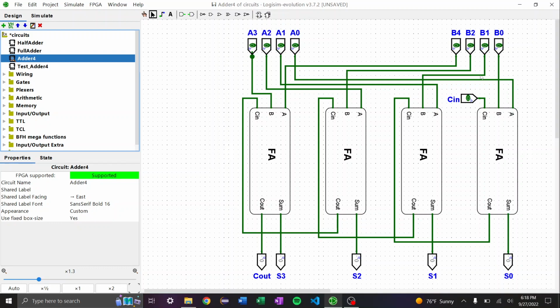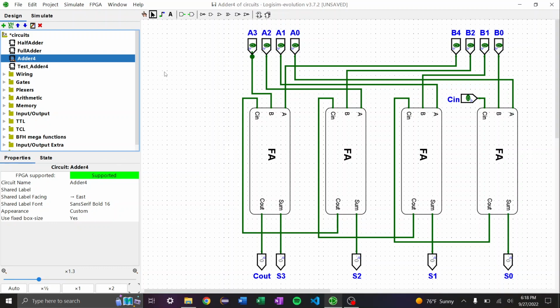You have your inputs, it goes into each corresponding full adder, with the least significant on the right and most significant on the left. And as you can see, at the start you have your C input or carryover input, which is usually 0, and then you have all of your inputs. As you can see, it's a little complicated, but it does allow you to do longhand addition between 2 4-bit values.